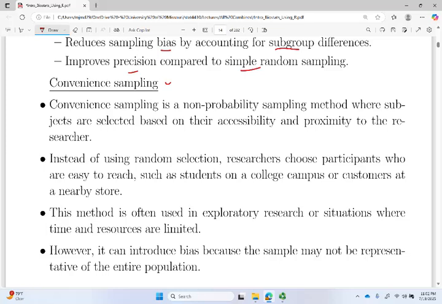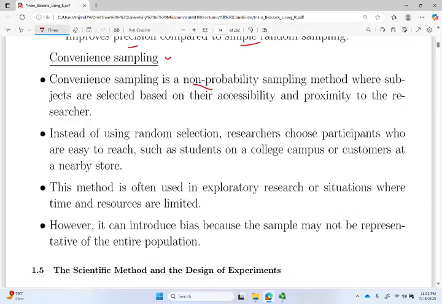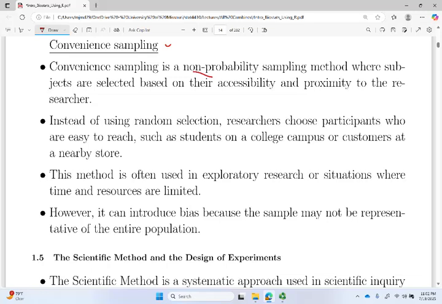Convenient sampling, and in clinical trials, this is almost always the case that I've experienced. It's a convenient sampling, so it's a non-probabilistic method. You wait for the next patient to come into your clinic, and then you recruit them to be in your study, but we introduce randomness by randomly assigning them to a treatment.